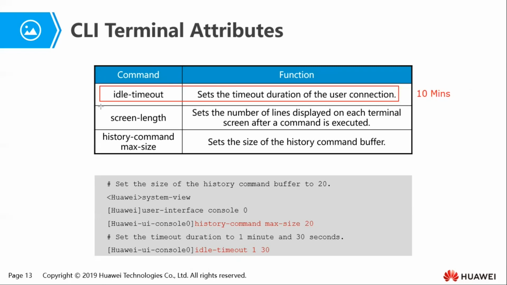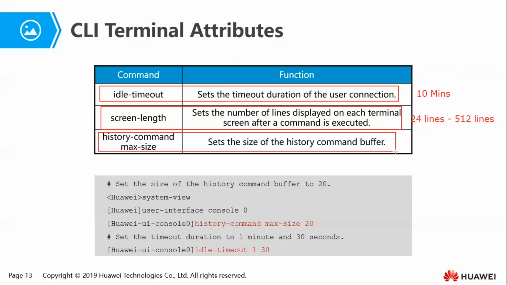The other thing is the screen length. Screen length is the number of lines that are displayed on each terminal screen after a command is executed. By default, the screen length is 24 lines. However, this can be extended to 512 lines. Then the next thing is the history command size buffer.